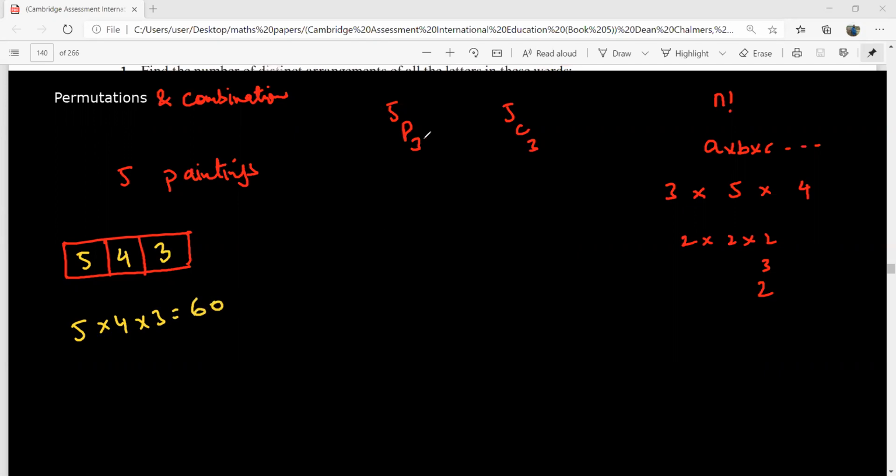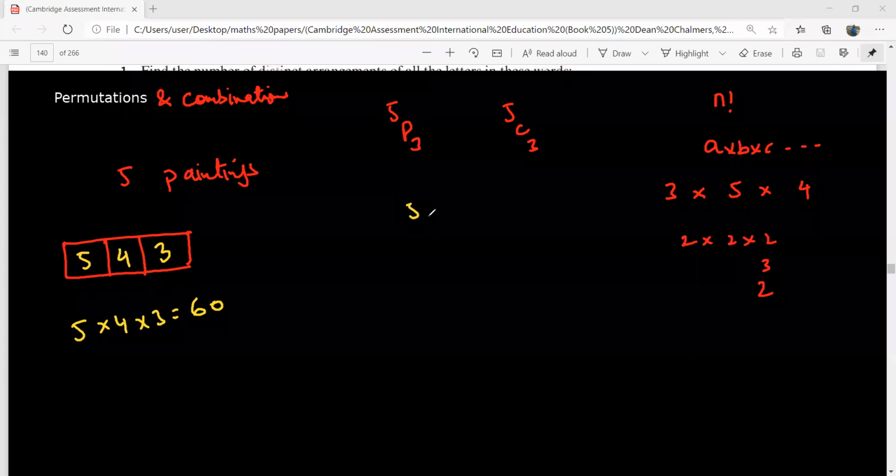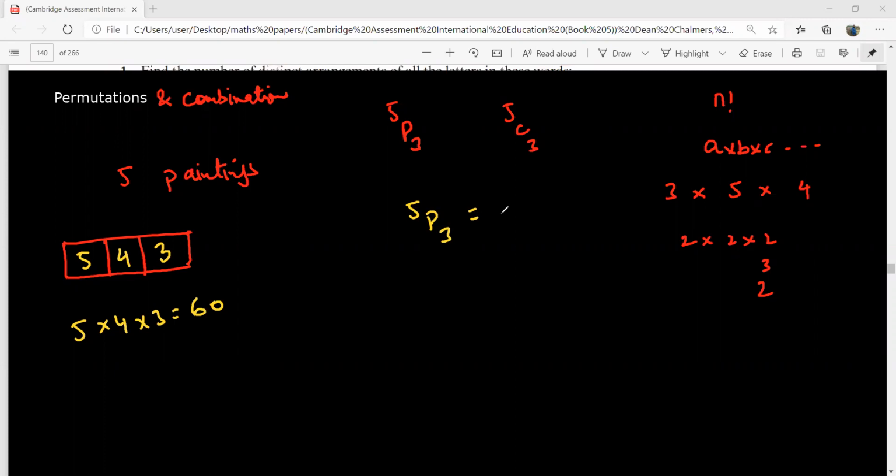Now, please find 5P3 from your calculator and tell me what you get. 60. That is 60. And now you find 5C3. What do you get? 10. Okay.